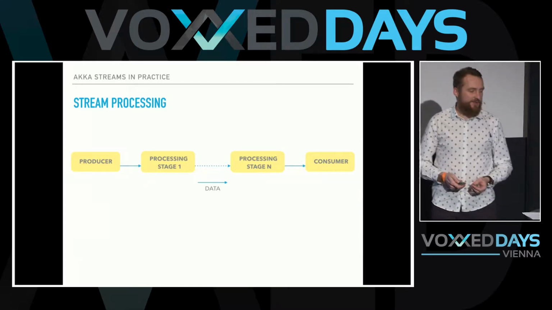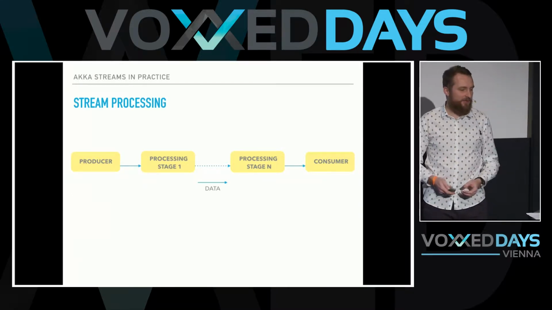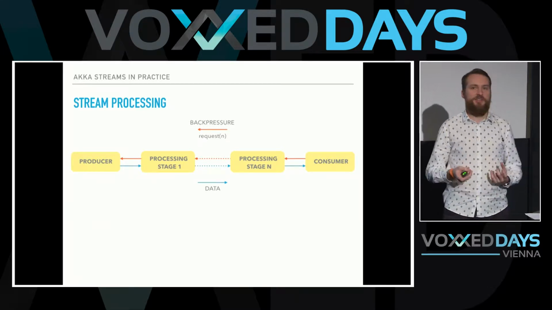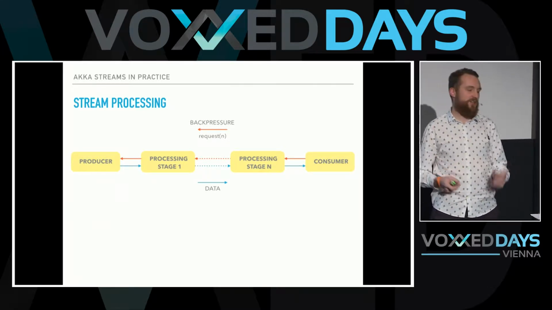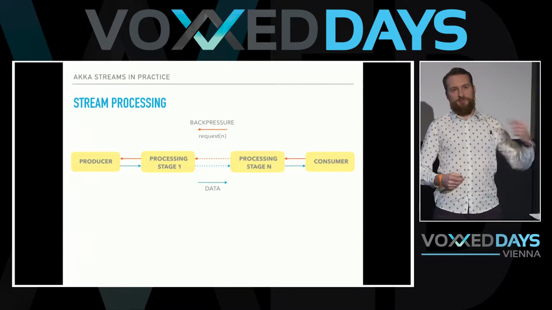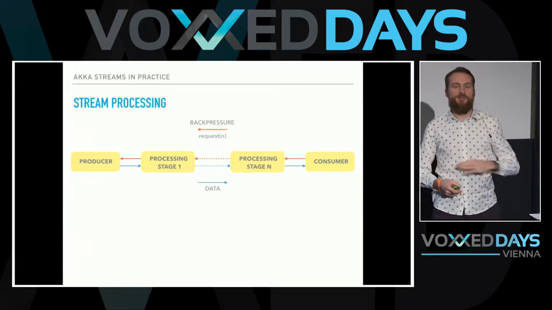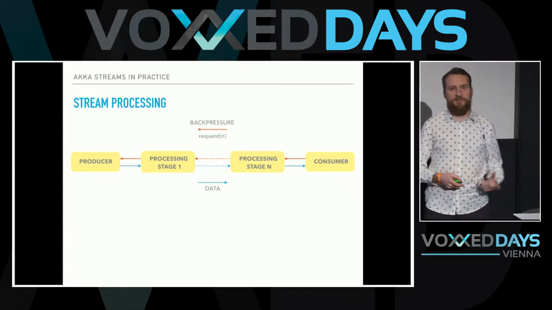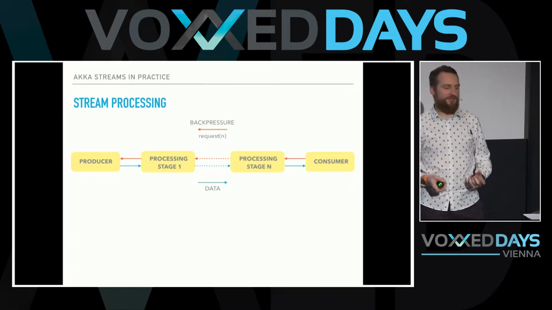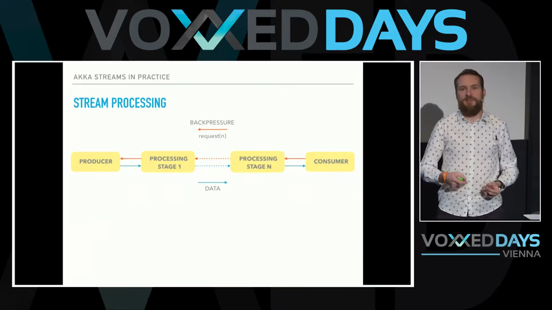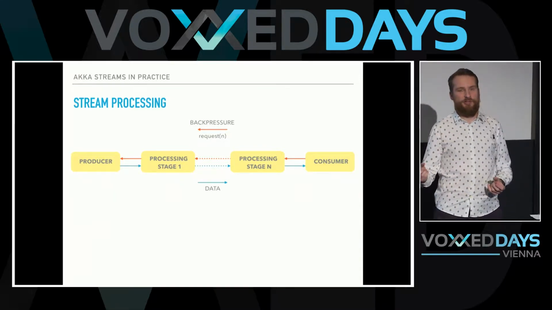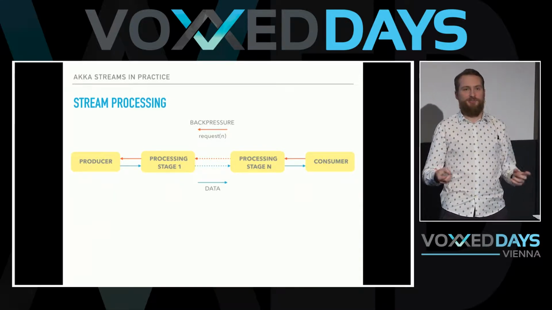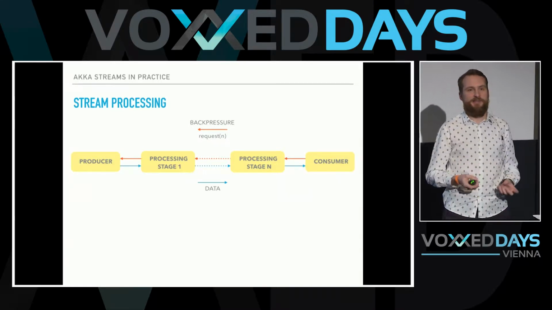So in the Reactive Streams concept, we have an additional channel for communication. The data flows from the producer through the stages to the consumer, but we also have something called back pressure. And in Reactive Streams, the back pressure is non-blocking. This is quite important. Back pressure is basically a way for a slower consumer to tell the producer how much data it can accept.